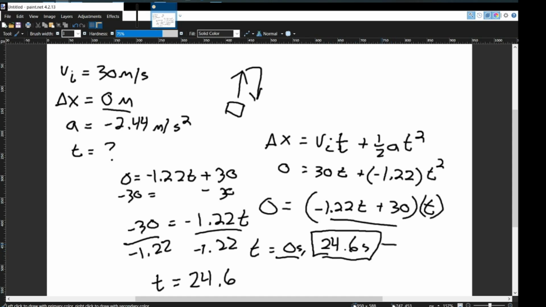Now we're going to take this time and multiply it by the rate, the speeder's velocity, in order to get the displacement of the speeder. And that's it.